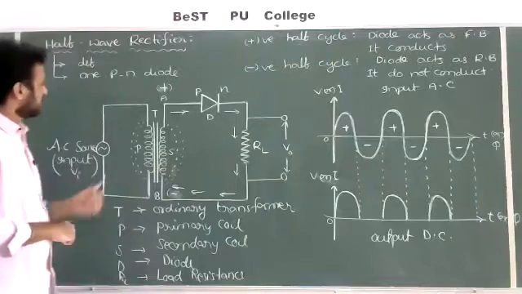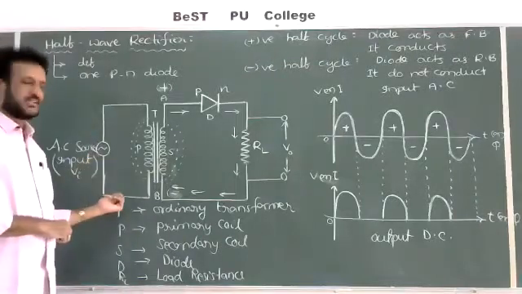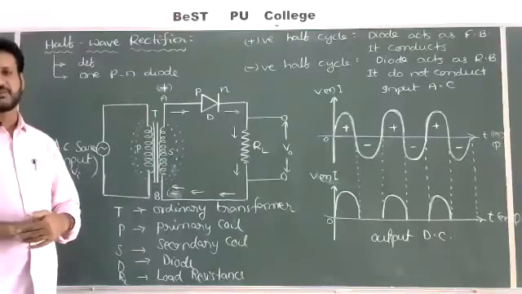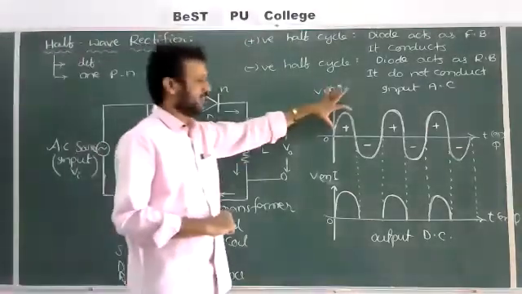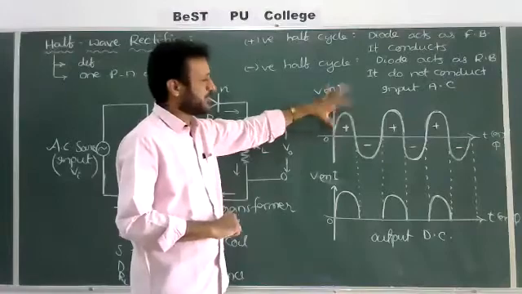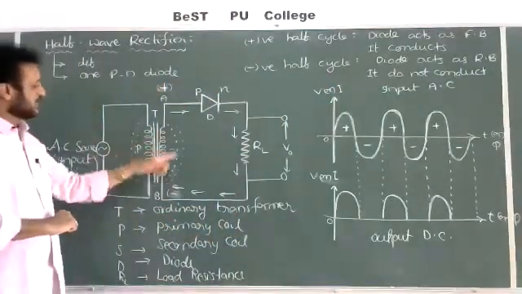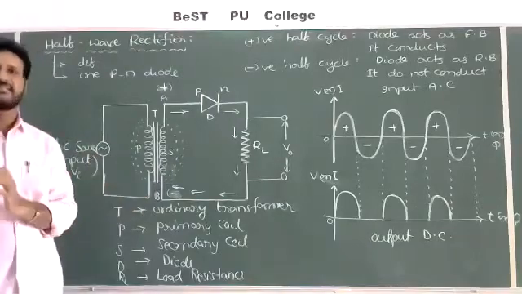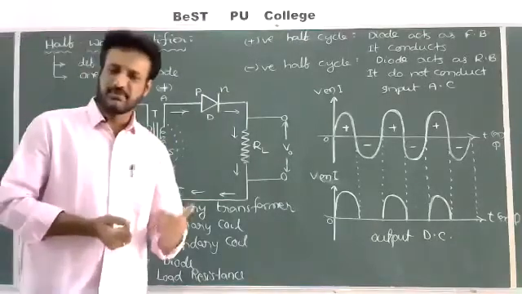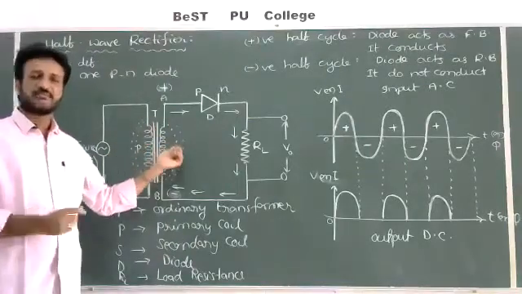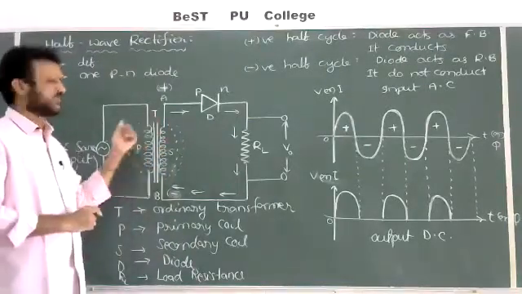Now, first we have to switch on this AC source and the current is allowed to pass through the primary coil of the transformer. So during the first positive half cycle, the magnitude of the current flowing through the primary coil changes. Due to the change of the magnitude, a magnetic field and magnetic flux are linked around the coil.